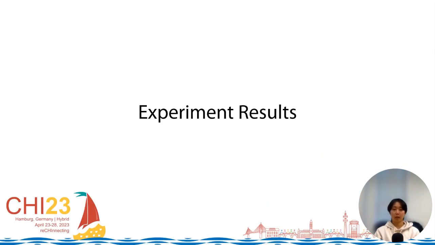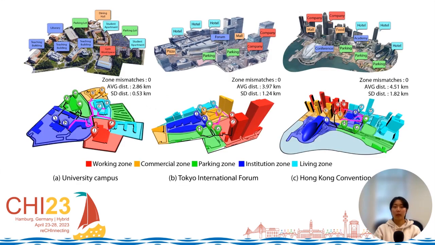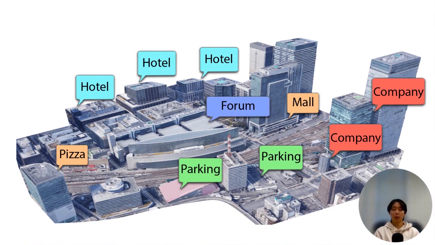Now I will present our experimental results. We tested our approach in several real-world locations. For each result, our approach distributes the story events compatible with the zone types. This is an example of zone types.